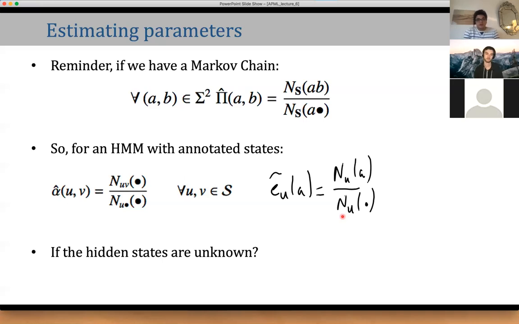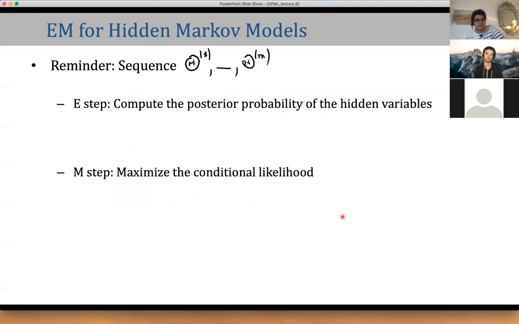But how do we do it if we don't know the hidden states? How can we estimate the parameters? We will do a variation on the EM algorithm. Remember, with EM, we generate a sequence of parameters until convergence. What we do with EM is construct the posterior probability for all the hidden variables.